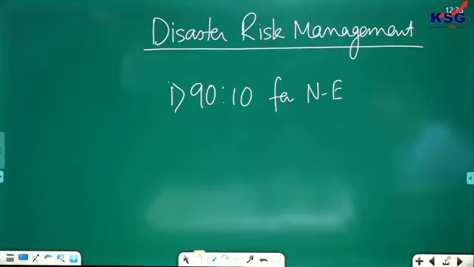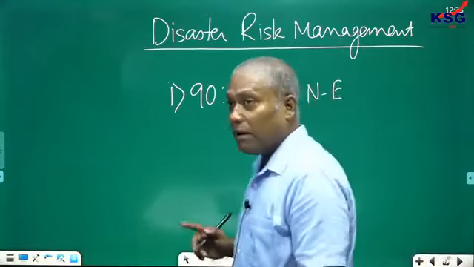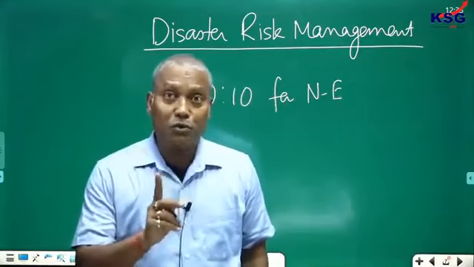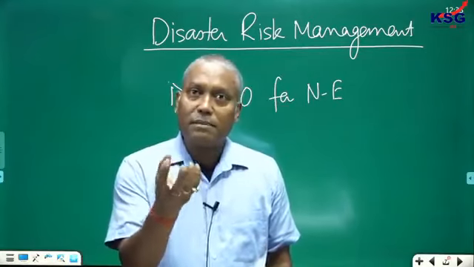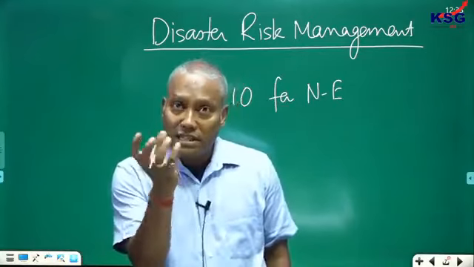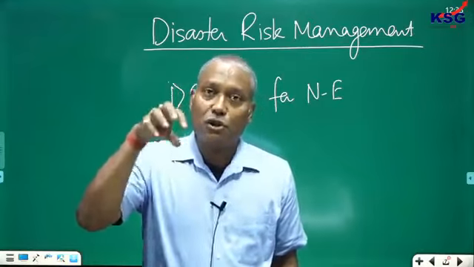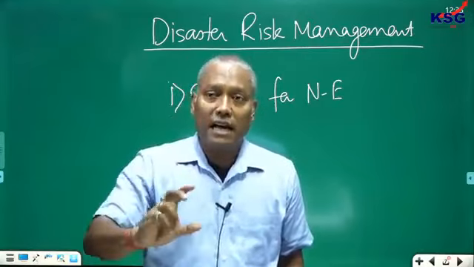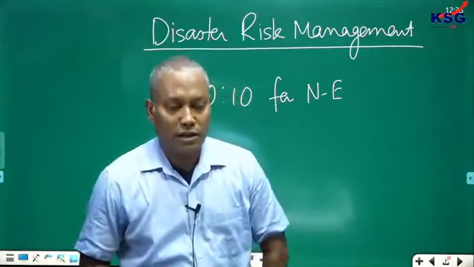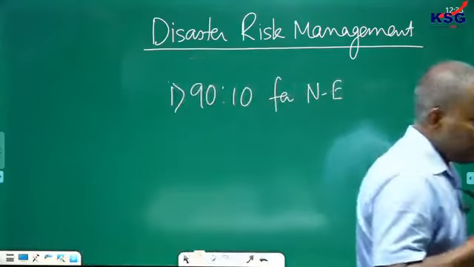It means that for the disaster management fund created for these Himalayan and Northeast states, 90% is contributed by the central government and only 10% is cost shared by the state governments.